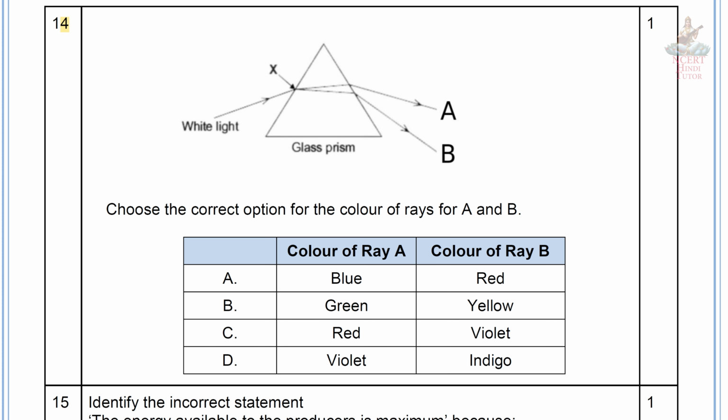This is the figure of a glass prism, and white light is incident on the glass prism at X and we get two rays A and B. Choose the correct option for the colors of rays A and B. So friends, the answer is C: color of ray A red and color of ray B violet. As we know, light gets dispersed into VIBGYOR, that is violet, indigo, blue, green, yellow, orange, red.